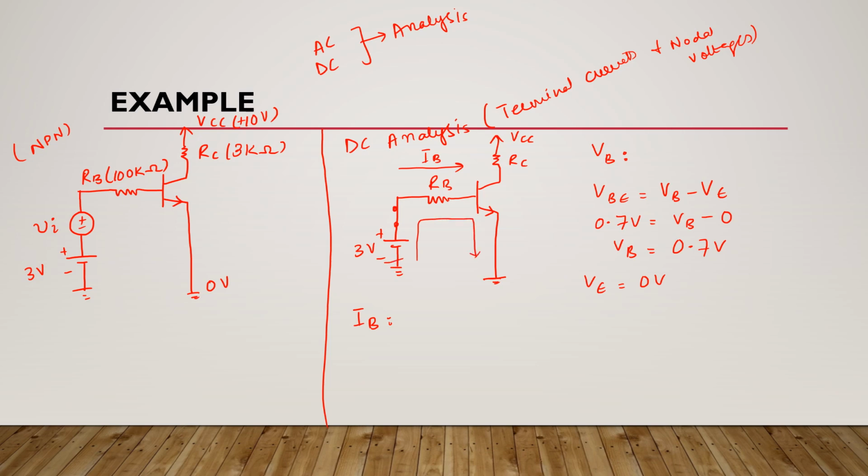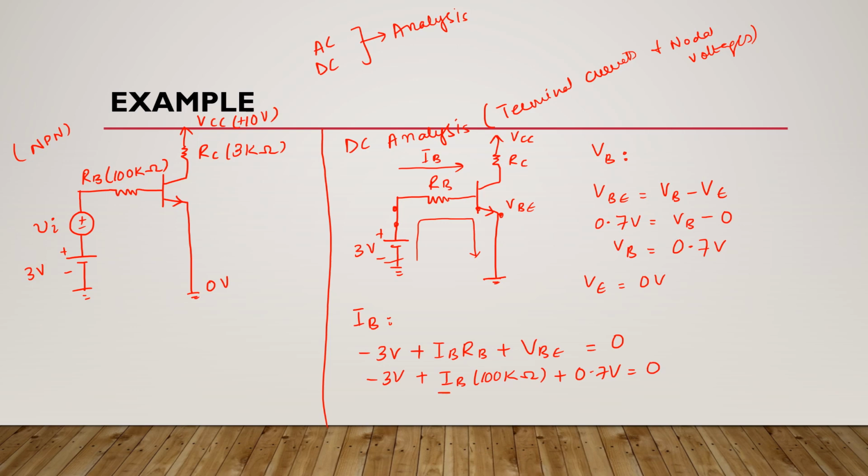Our KVL equation will be minus 3 volts plus IB RB plus VBE, because the voltage drop in this junction is VBE, which is 0.7 volts. Here RB is 100 kilo ohms.